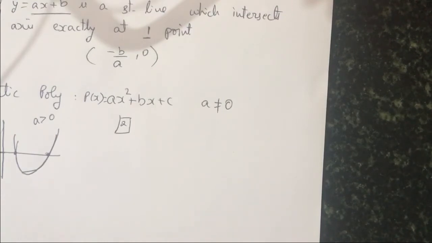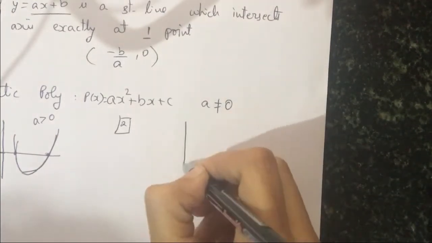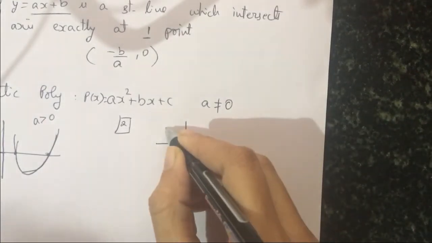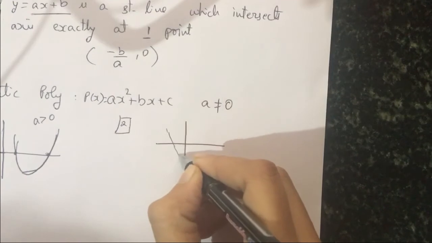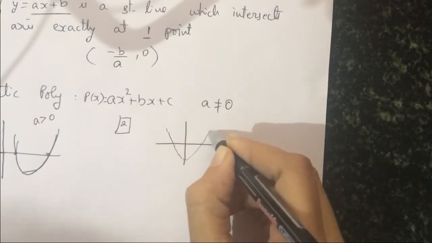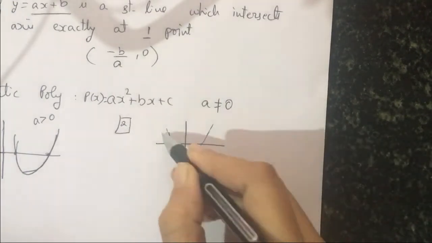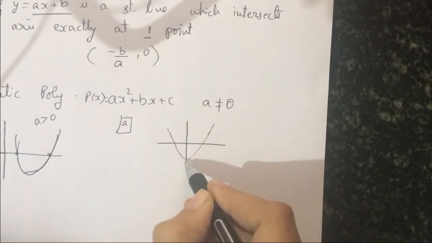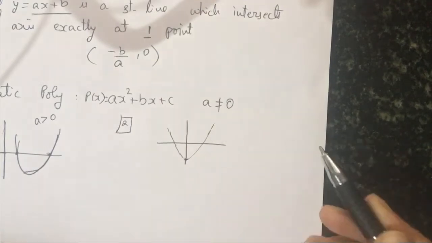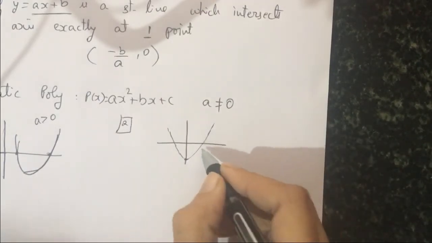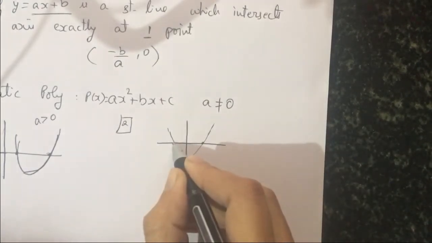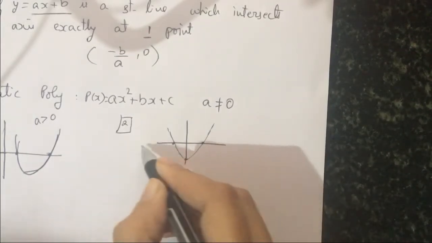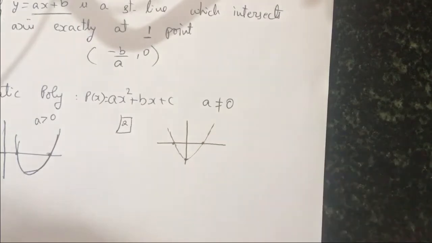The second case is you may get it like this. Say this is the y-axis and x-axis. Something like this you may get, either here or here, or down like this. You are getting 2 points where it is intersecting the x-axis.